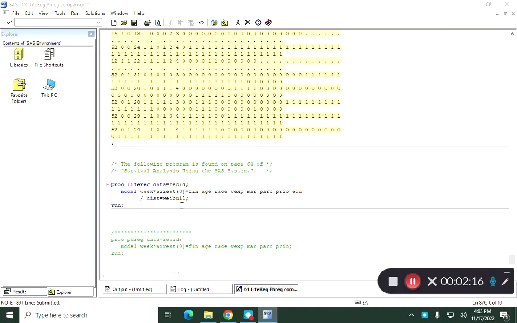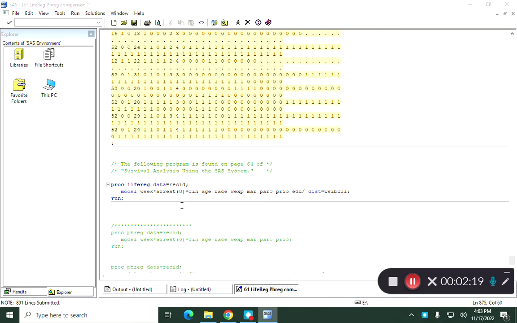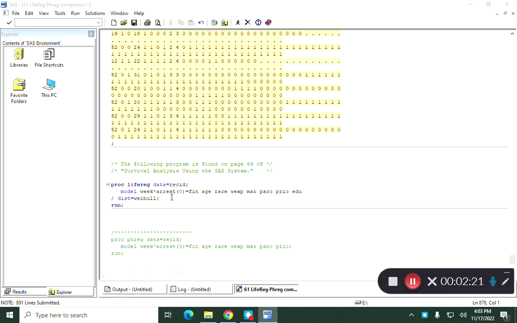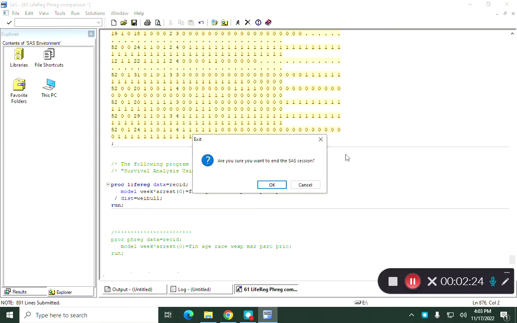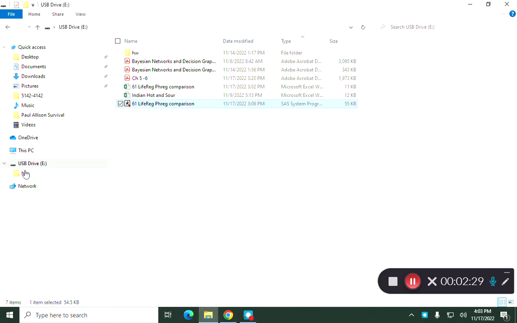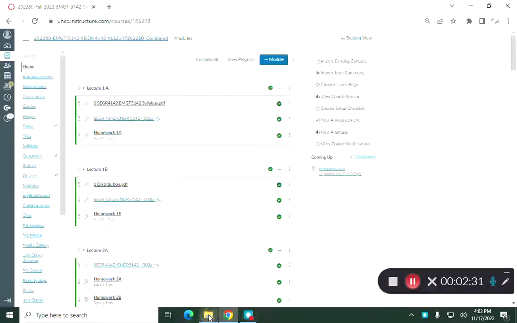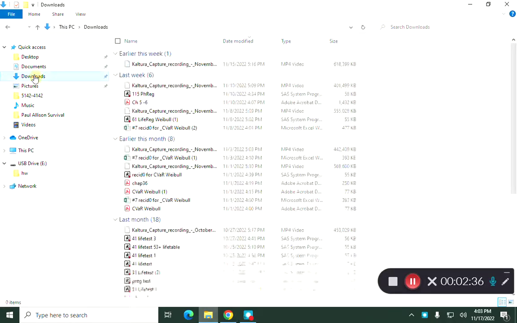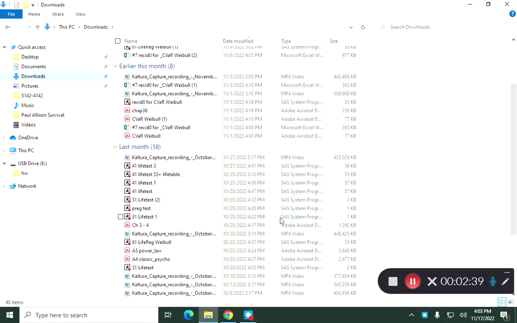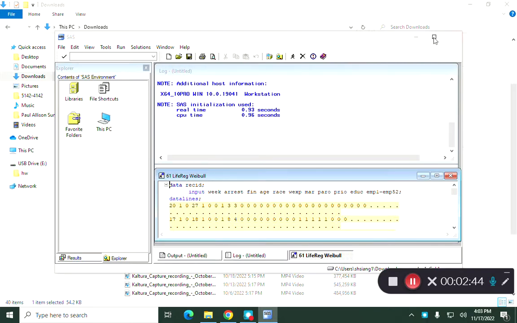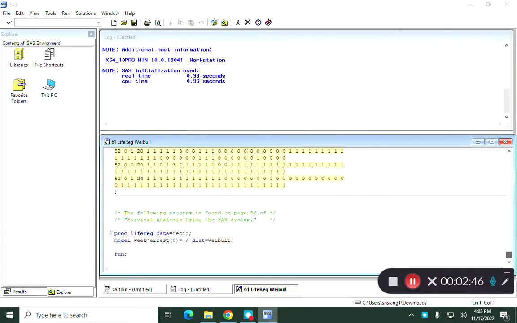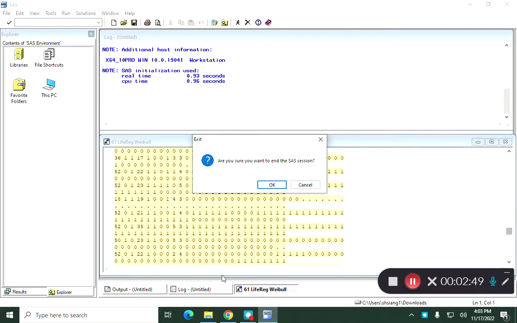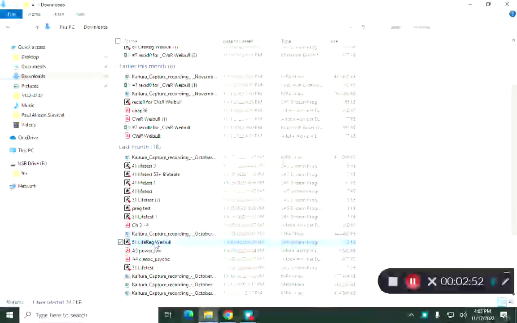Is it finance, age, race, birth, race, marriage, parole, prior? Now let me try a different one. I'd go to download. Let's use this one. Does that one come with everything? No, that one doesn't come with everything. I don't want to copy paste and type the wrong things.